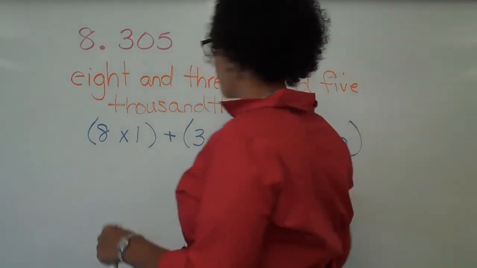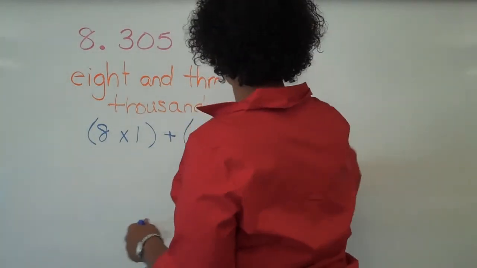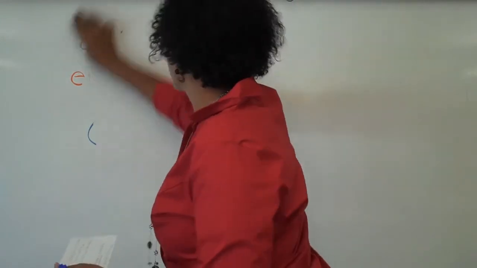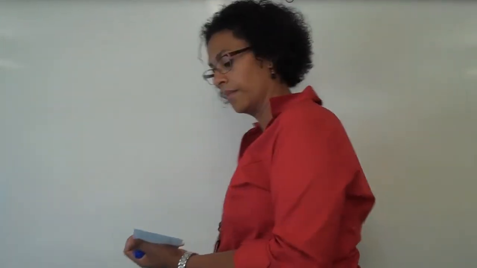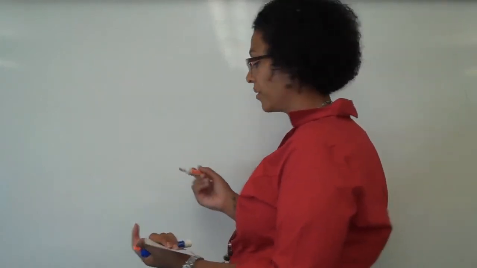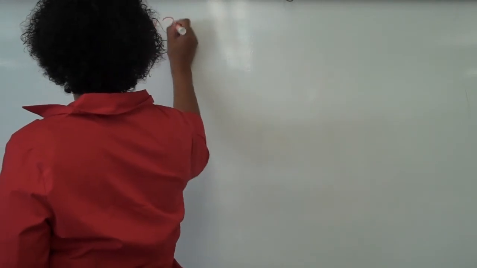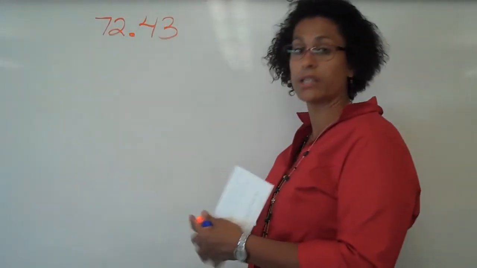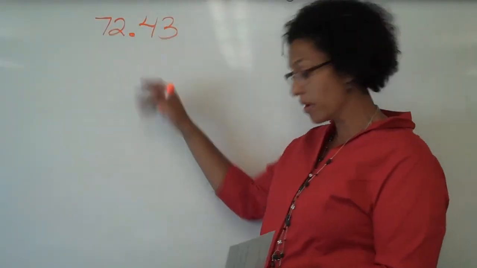All right, let's see. We're going to do 72 and 43 hundredths. 72 and 43 hundredths. All right, so our word form first. This is standard form.